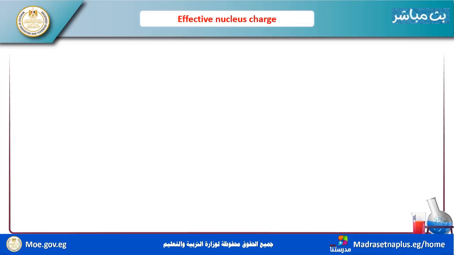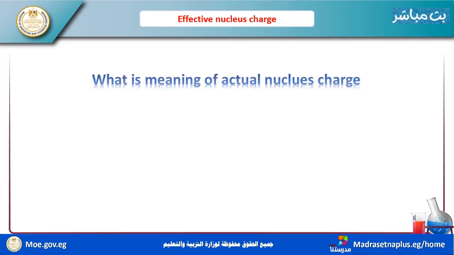We have effective nuclear charge. What is the meaning of effective nuclear charge, and what are its effects? Firstly, what's the meaning of actual nuclear charge? Actual, not effective. There is a difference between effective and actual.